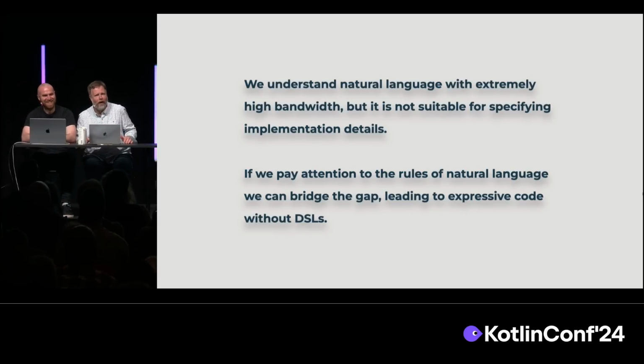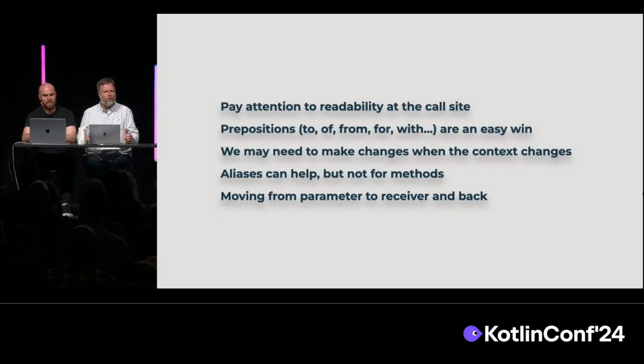Okay. So in preparing this talk, I think we learned that natural language is understood with very high bandwidth, but it's not actually good for programming in. But we can bridge that gap. Some things we learned from doing the refactorings: we want to pay attention to readability at the call site. Prepositions are such an easy win. They're just so easy to put in, entirely painless. And we may need to make changes when our context changes.